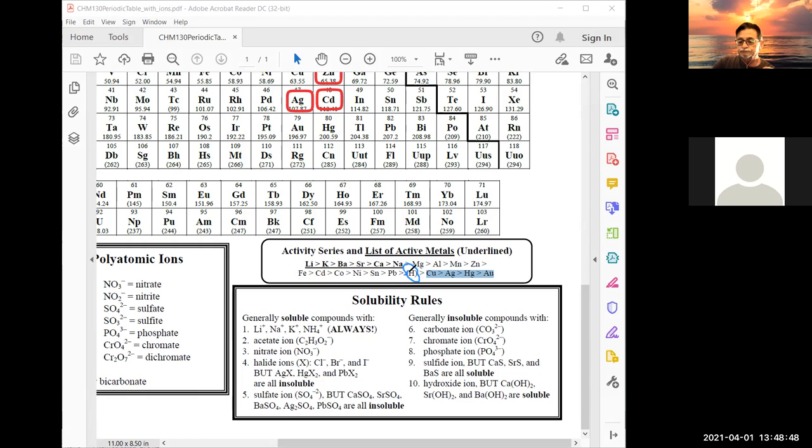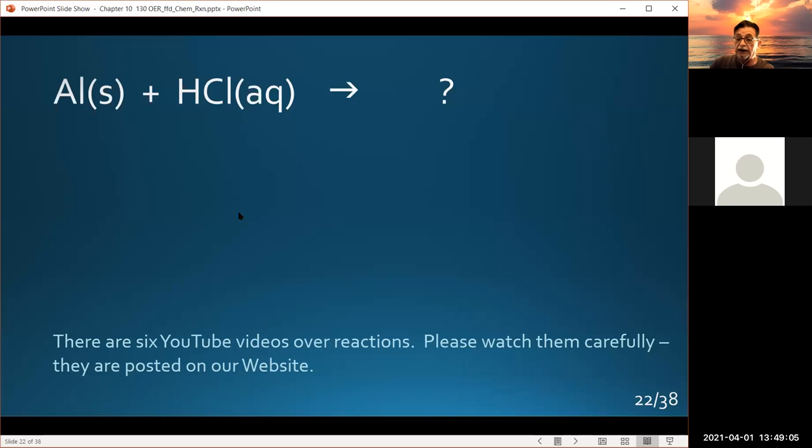Hydrogen could be in the form of water, or it could be in the form of H2.